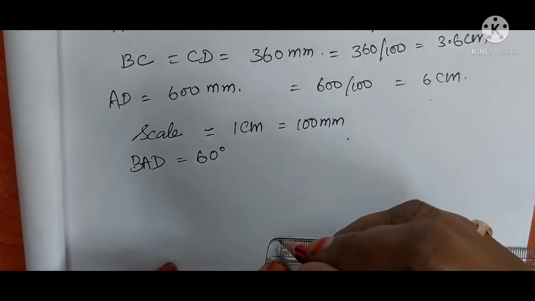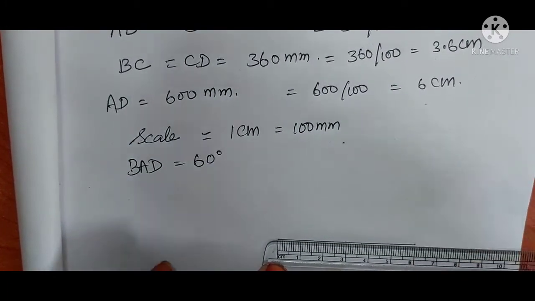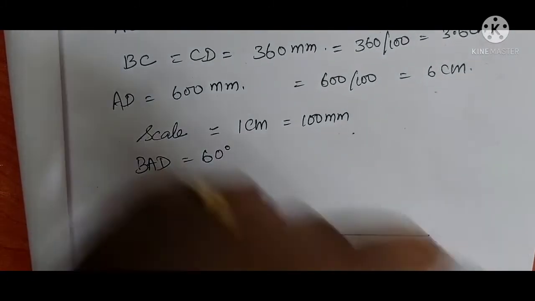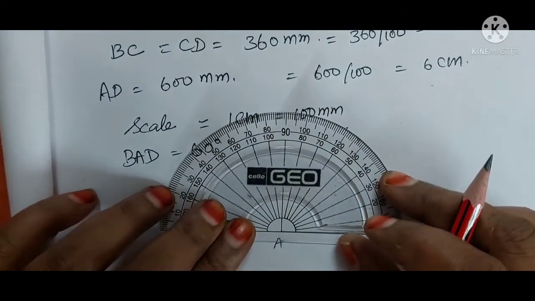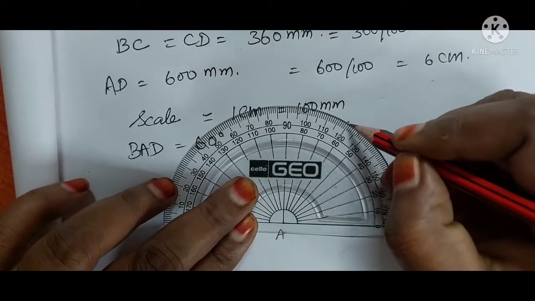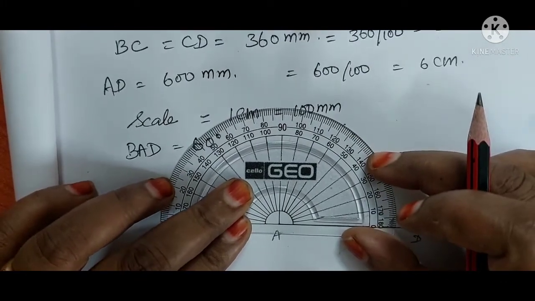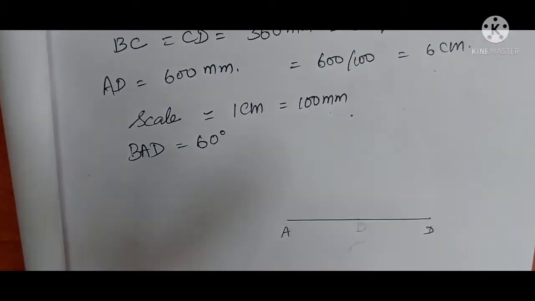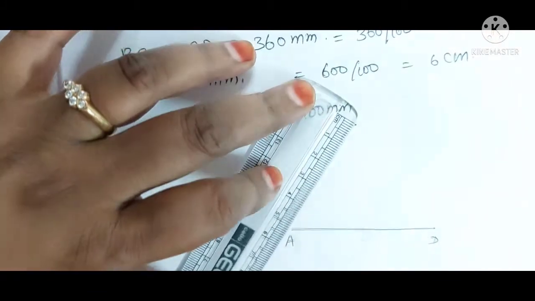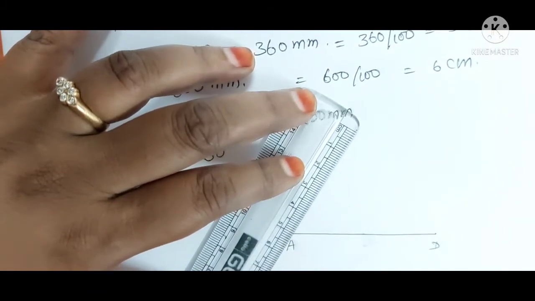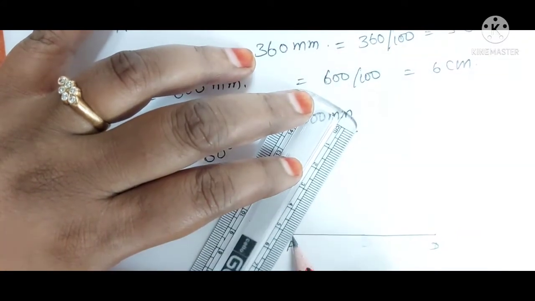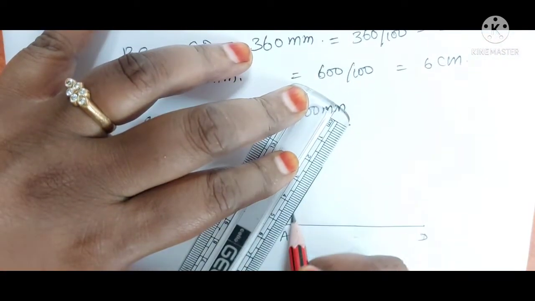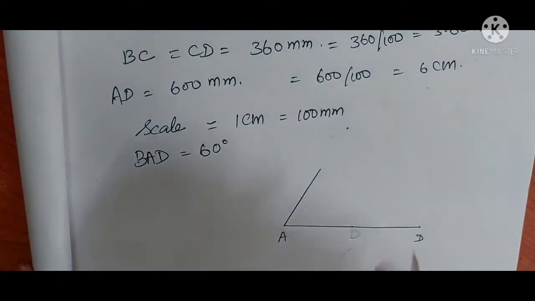Measure the 6 centimeters and mark the points A and D. Then BAD is 60 degrees, so take the protractor and mark the angle of 60 degrees. Now take the scale, and AB length is 3 centimeters. Measure up to that length, and this is the point B.